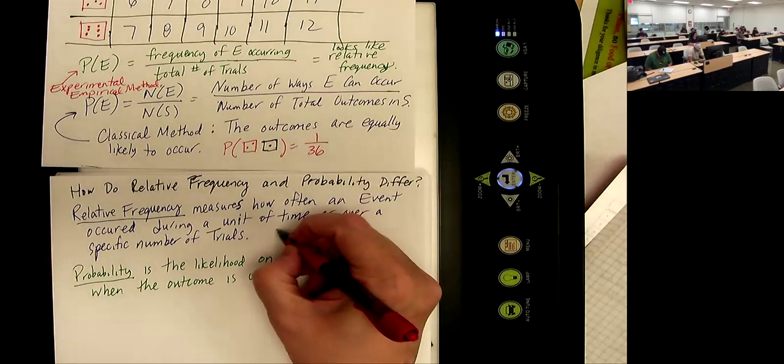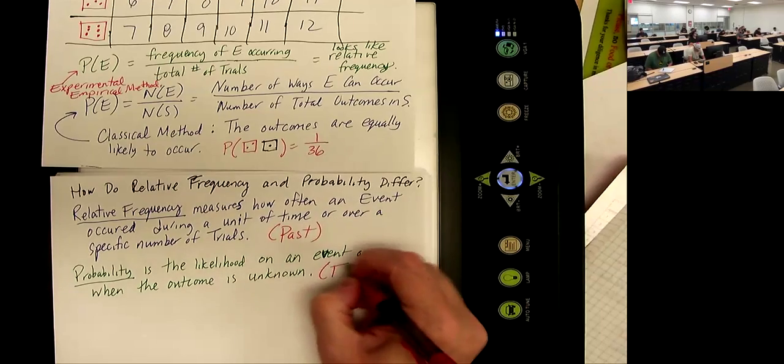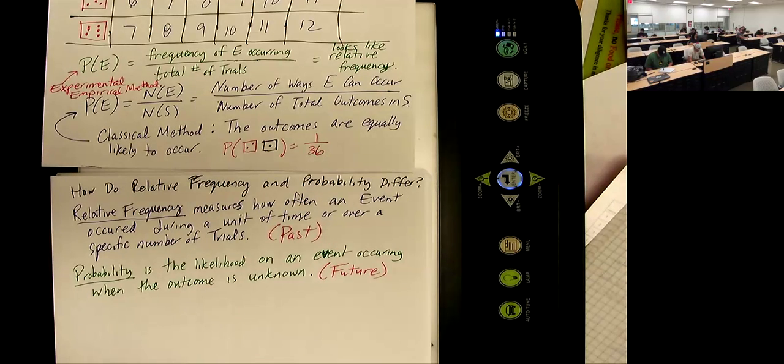Frequency occurred in the past. Probability is something that you're talking about that hasn't happened yet, it's the future. That's an easy way to distinguish it.